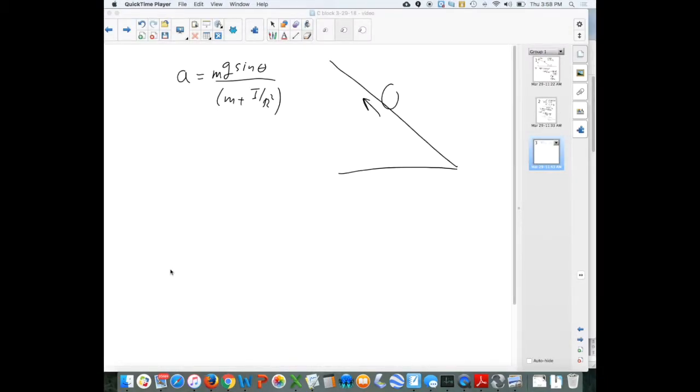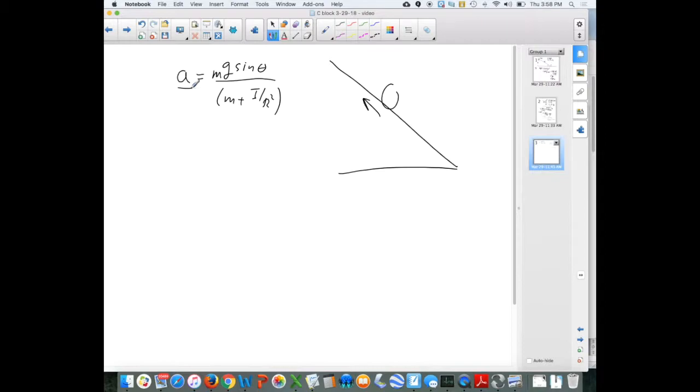On the previous slide, we came up with this relationship that the acceleration is mg sine theta over m plus I over r squared. You notice that dimensionally this works out. We've got mass on top, and I over r squared is mass, so we have mass on the bottom.